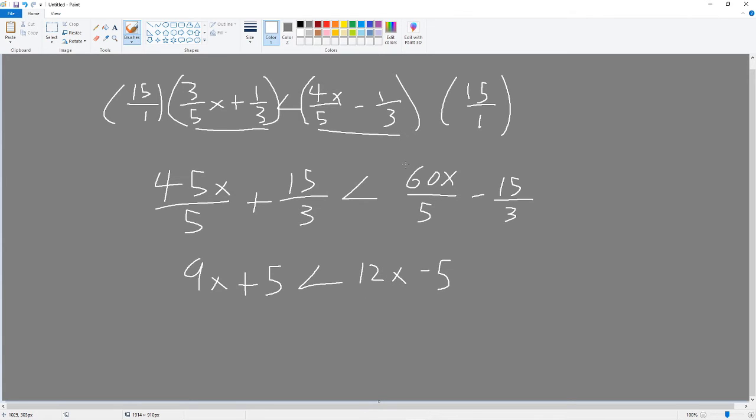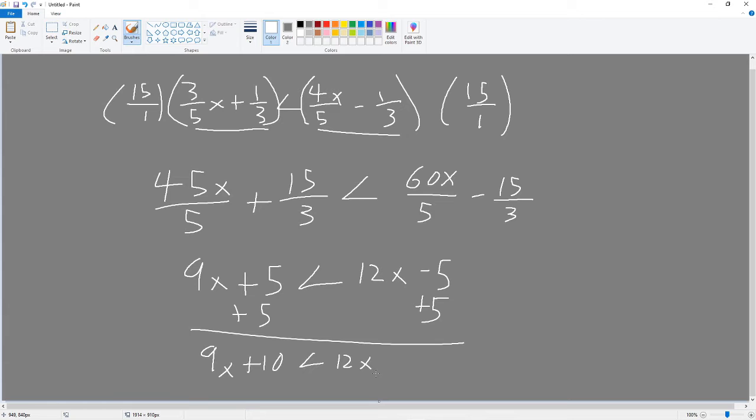Now this is basically the same as the initial inequality. I just multiplied by 15 so I don't have to work with fractions. So let's solve for it. Let's add 5 to each side. I get 9x plus 10 is less than 12x.